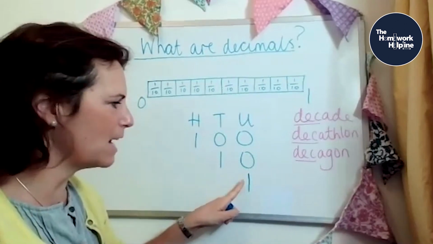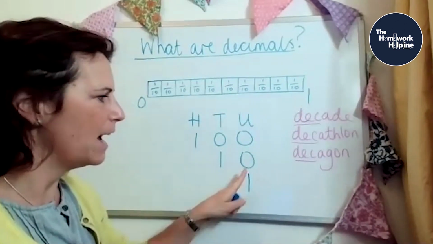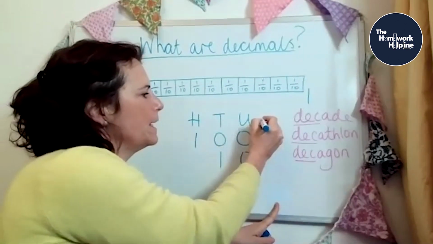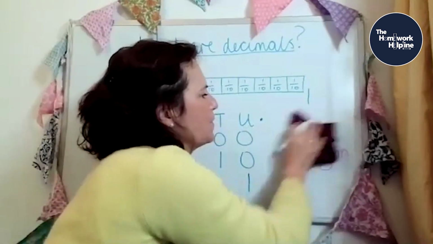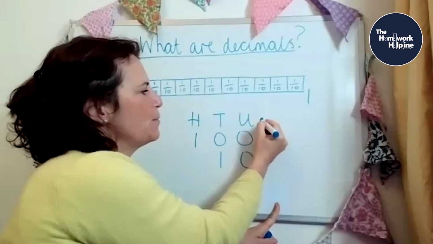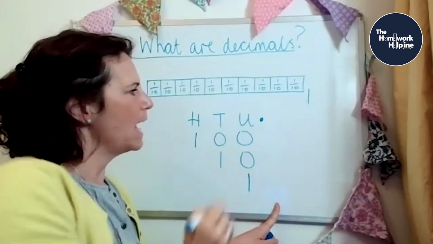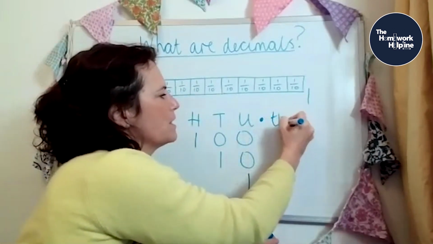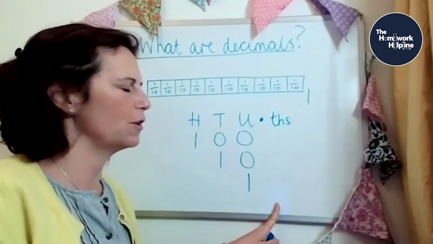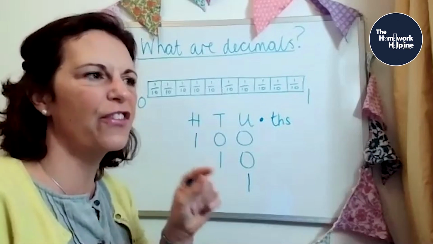Now, if I divide that 1 by 10, we're going to move it 1 place to the right, and there's a new column here. Just get rid of my words, which are going to get in our way. So I put a decimal point in here. And then we have what we call the tenths column. Okay, that's the tenths column, not tens, tenths.